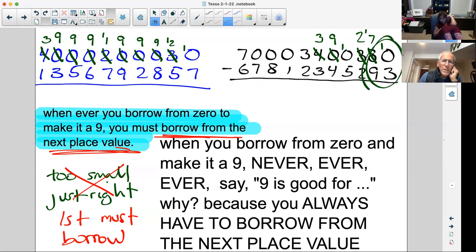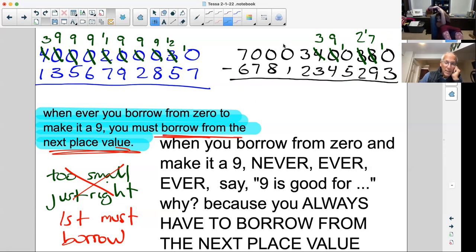What do you do when 0 is too small for a number, Tessa? You've already done it twice in this problem. You make the 0 a 10.